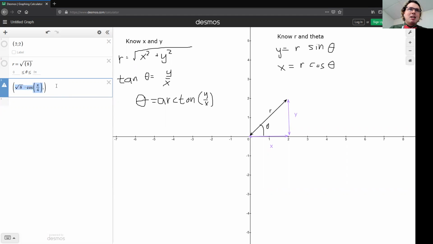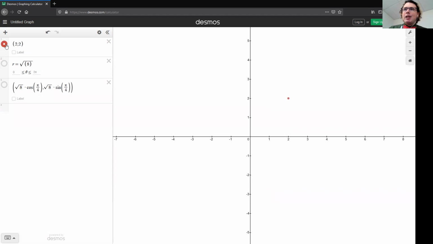My y coordinate is going to be almost the same radius, the same angle, but now with the sine function instead of the cosine function. So again, here in red was my point (2, 2). And for my polar coordinates, r equals the square root of 8, theta equals pi over 4, and I get exactly that same point.